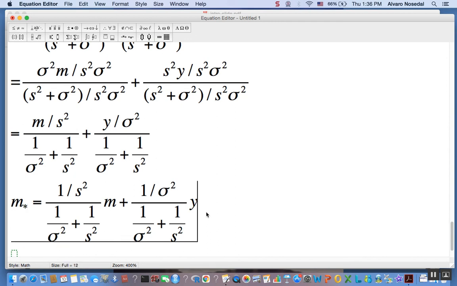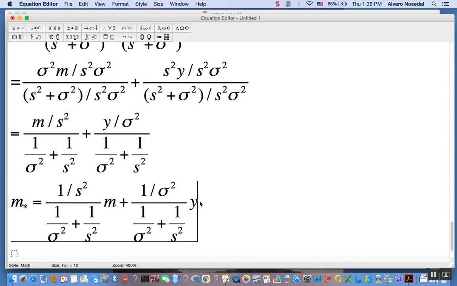So let's summarize what we have here. Note something really interesting here. The posterior mean happens to be a weighted average, right, between your prior mean and your observation. Okay, makes sense? And what you have here is prior precision divided by posterior precision times prior mean. So you have a correspondence here.